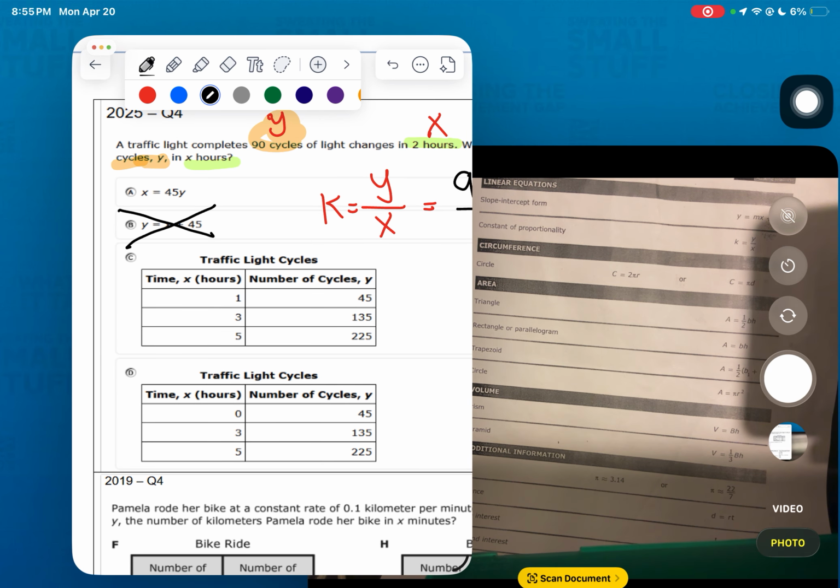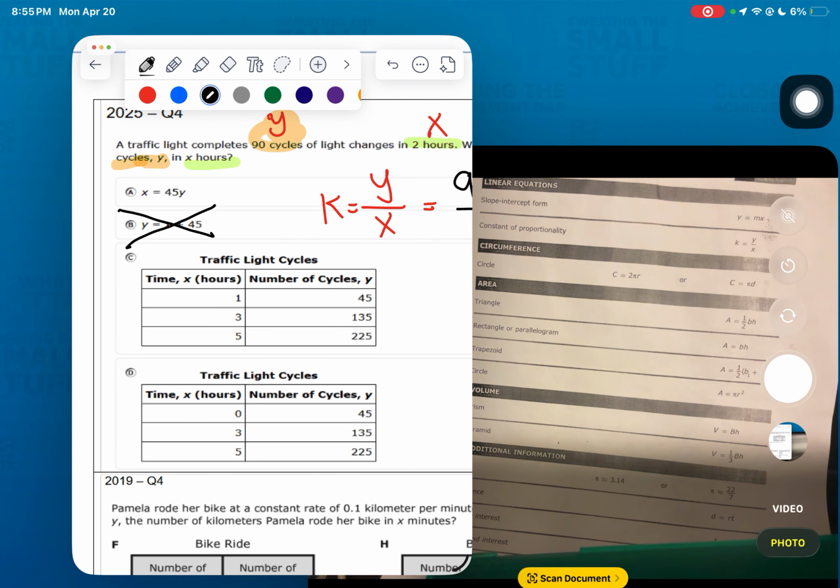We need to be multiplying. Entonces, B is already not one of my options. But let's look at A. A is multiplying. But think about it. Bueno, I'm gonna tell you. For A it is multiplying by 45.